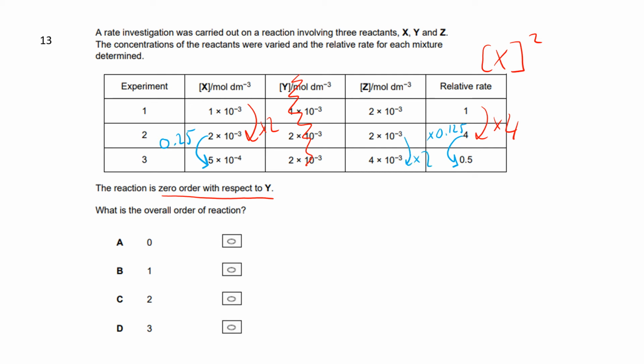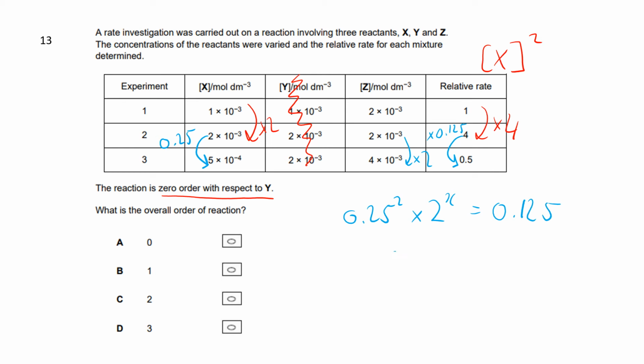So we know x is 2, so it's 0.25 squared. We know y is 0, so we can ignore that. So z, z has been times by 2, so 2 to the power of z, like so. So we're rearranging to find z.